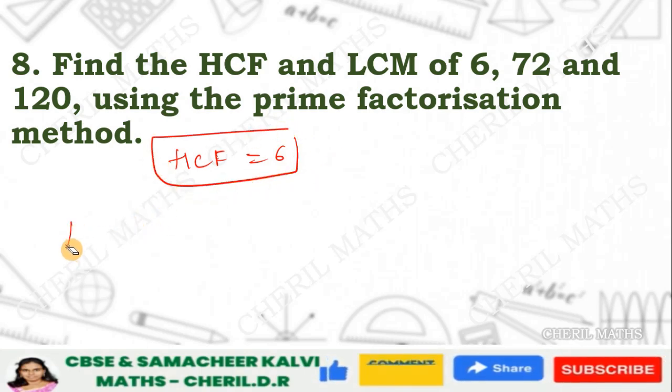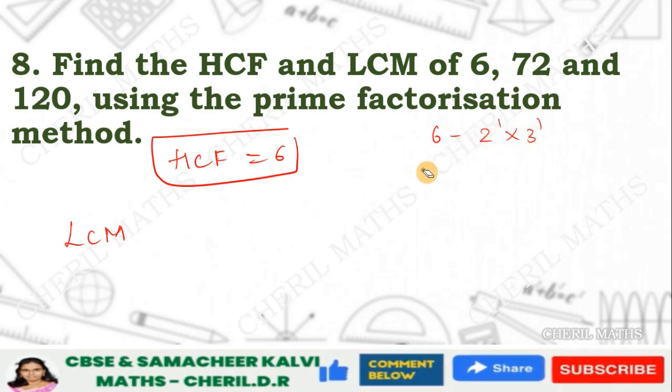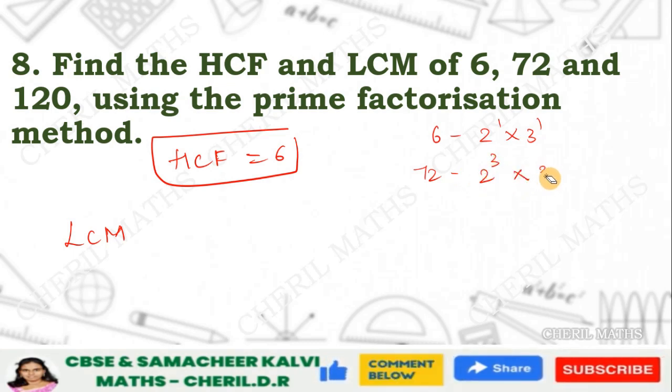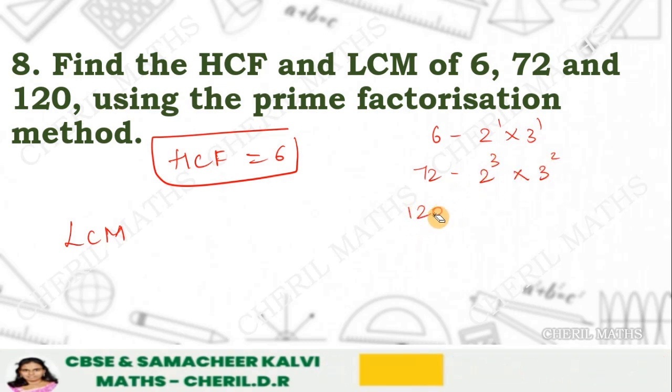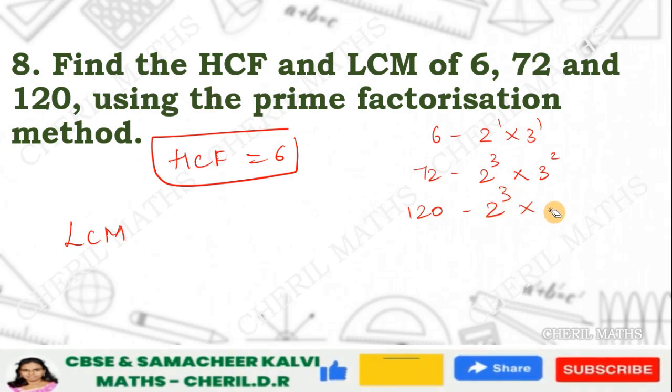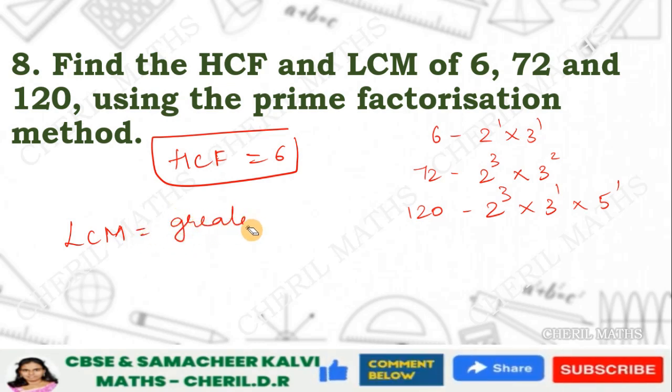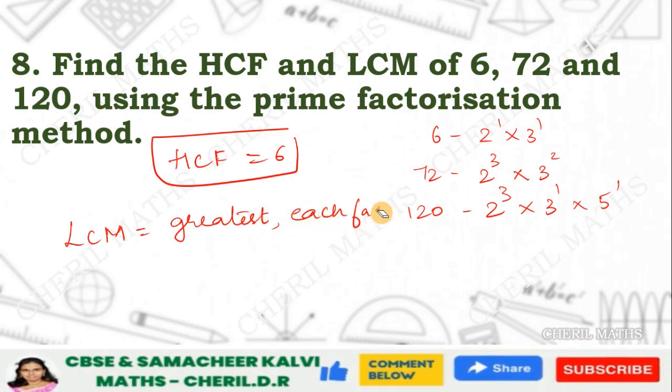Next you have to find the LCM. Again let me write it: 2 power 1 into 3 power 1; for 72 it is 2 cube into 3 power 2; and for 120 it is 2 cube into 3 power 1 into 5 power 1. For LCM you are going to write each factor with the greatest power.